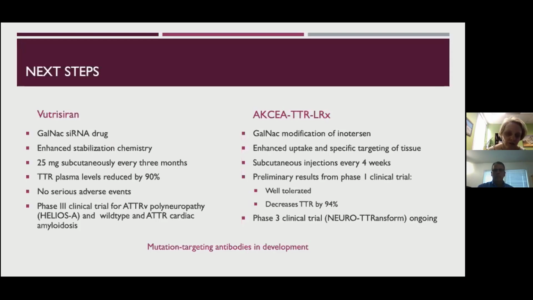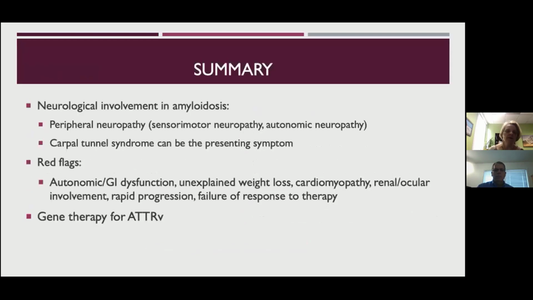And also, and you might hear about it a little bit more later, there are mutation-targeting antibodies in development, which would target a specific mutation and not the wild type TTR. To summarize, the neurologic involvement in amyloidosis is peripheral neuropathy. Carpal tunnel can be the presenting symptom.